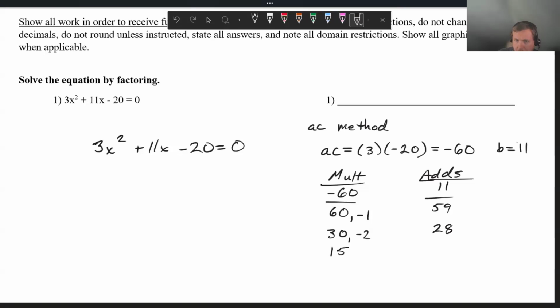And then 15 times negative 4 gives me 11. So now that I found something that adds to 11, that's telling me that I'm going to split up this middle term, this 11x, into 15x and negative 4x.